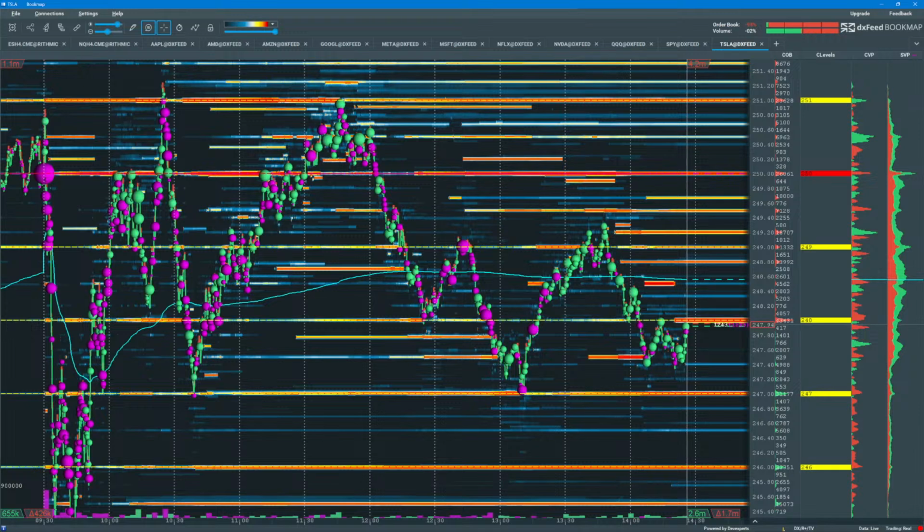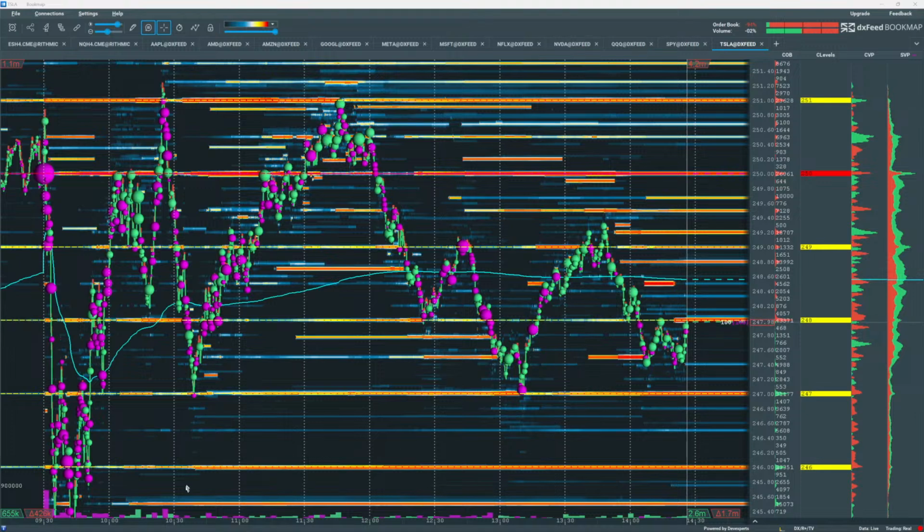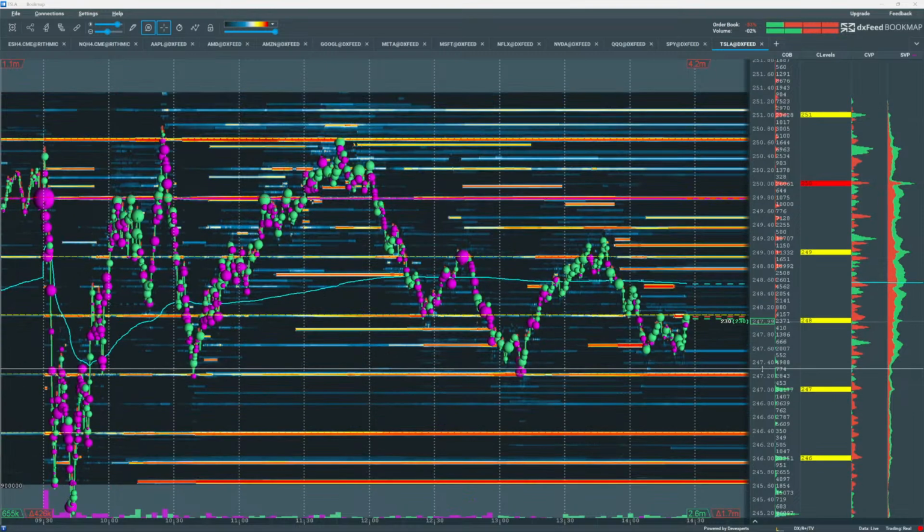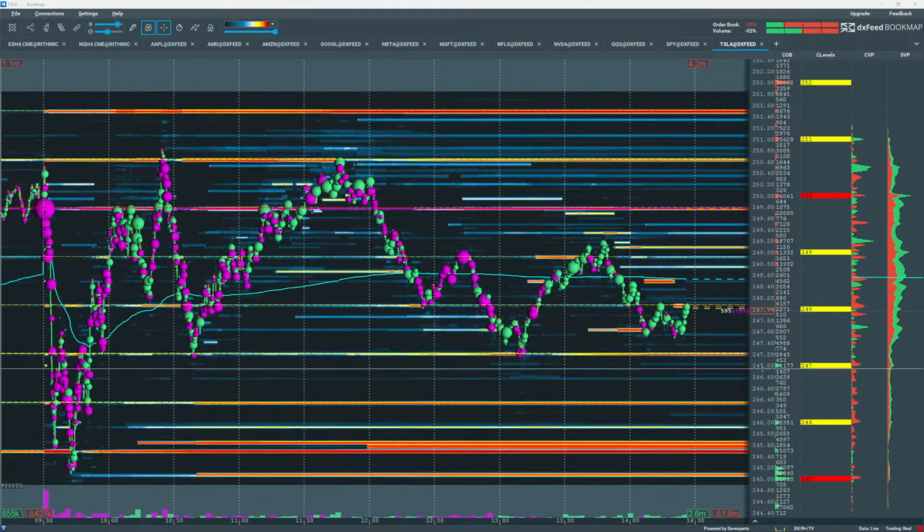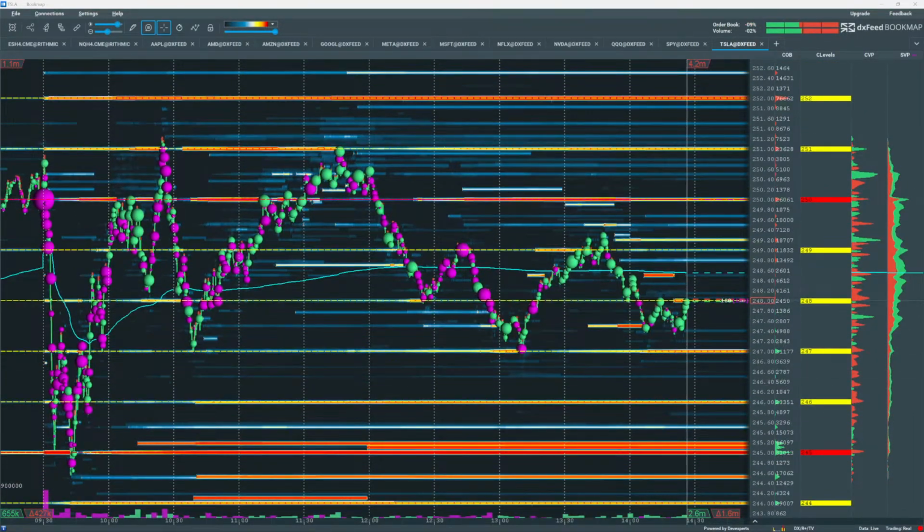So Tesla bullish in the morning, some deep pullbacks for a long. So here's the 250 key gamma strike. And Tesla had trouble getting above that level.